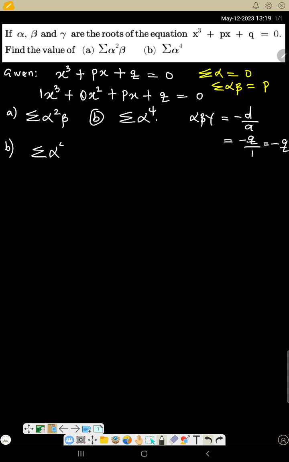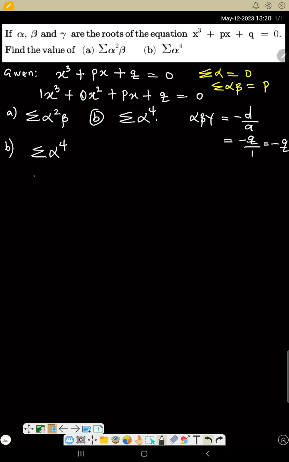Summation alpha raised to power 4. So you need identities here to express that summation. So let's say we have summation alpha raised to power 4 now.